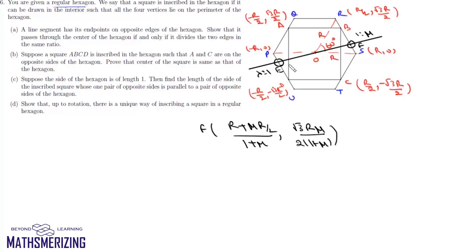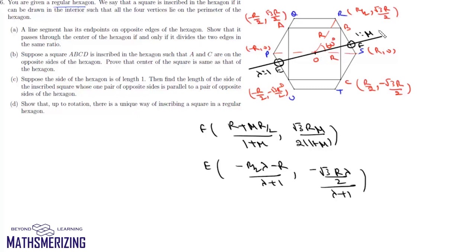Now in the same way we can write the coordinates of E. So this E will be minus R by 2 lambda minus R upon lambda plus 1, and here it will be minus root 3 R lambda upon 2 upon lambda plus 1.